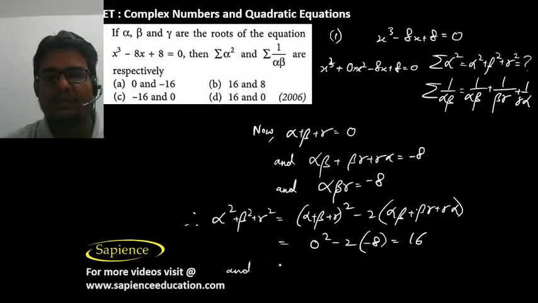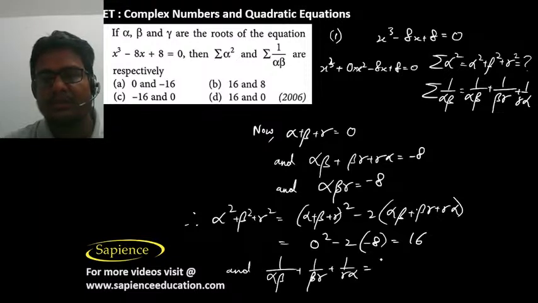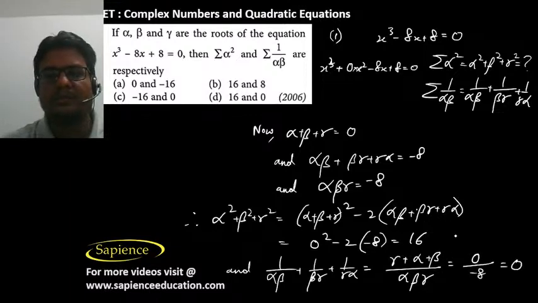And we have to find 1 by alpha beta plus 1 by beta gamma plus 1 by gamma alpha. If we take the LCM here, that is alpha beta gamma, and in the numerator it will come gamma plus alpha plus beta. So alpha plus beta plus gamma, that is 0 by minus 8, that is 0. So the answer is 16 and 0. So option D is the correct answer.